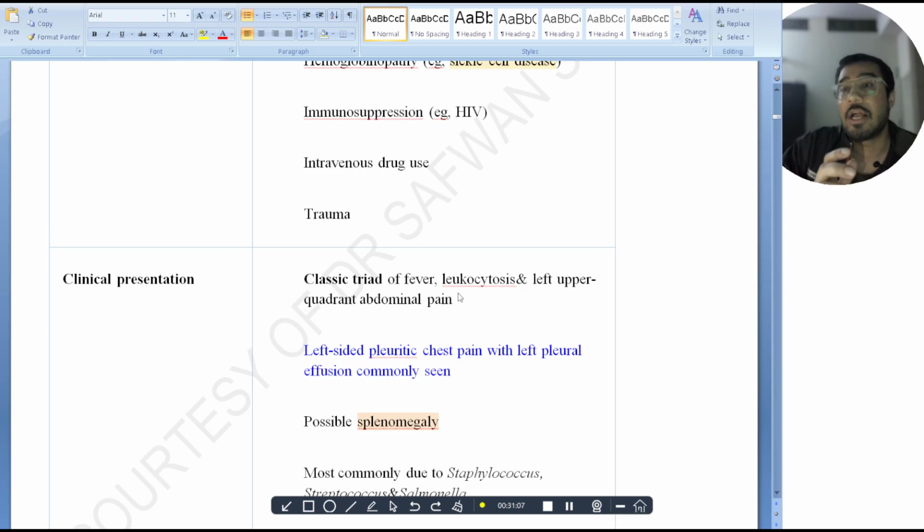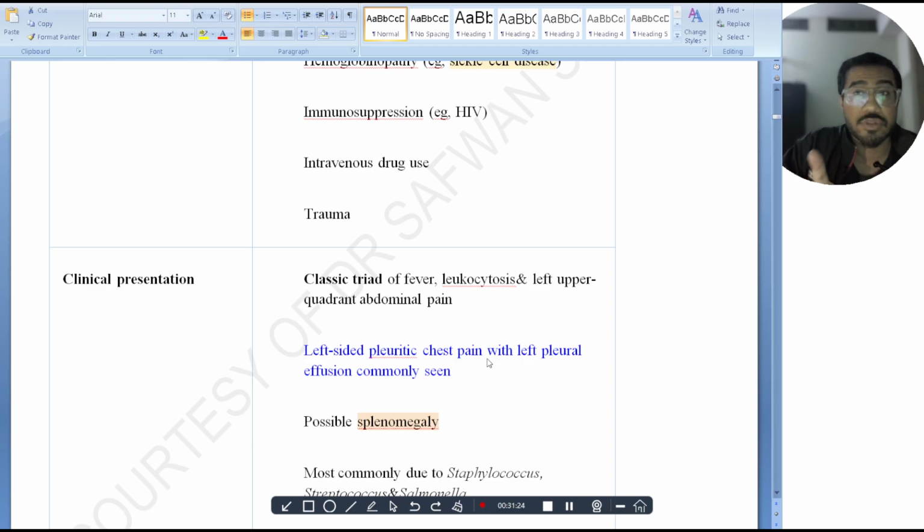So one more thing, left sided pleuritic chest pain. Splenic abscess can also irritate the overlying diaphragm and the pleura. The inflammation and the irritation would result in a slight pleural effusion on the left side of the chest.